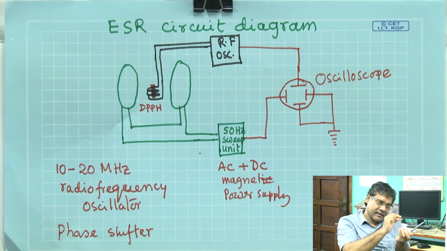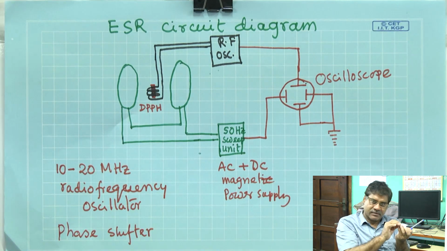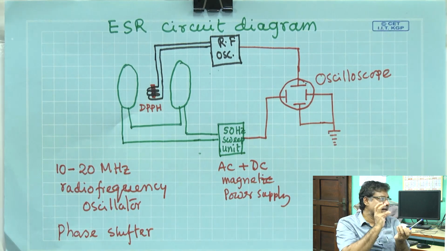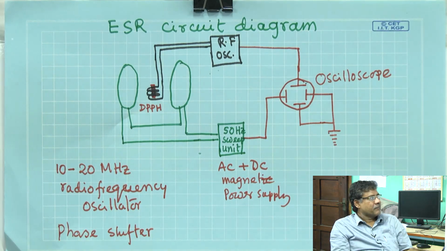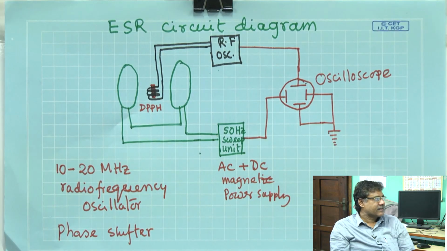So basically an AC component will be superimposed on the DC. It is basically DC plus AC magnetic field, and the sample will get this magnetic field.